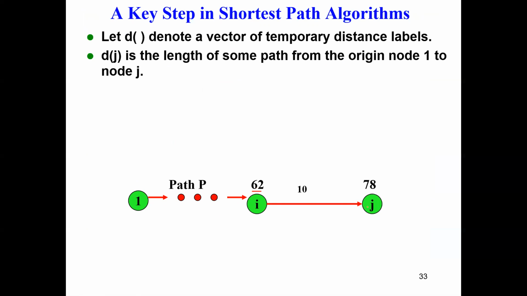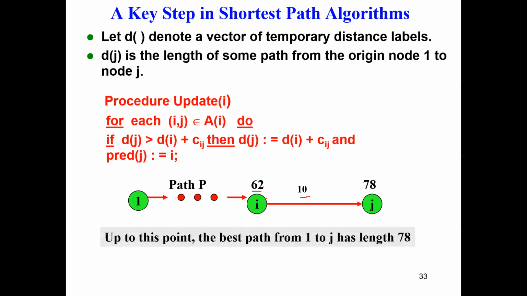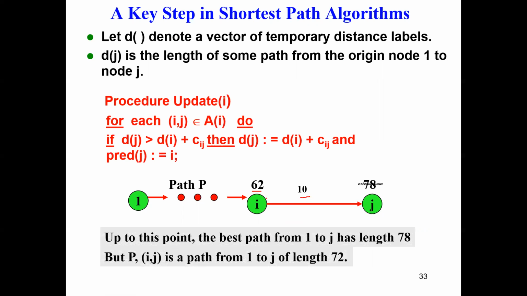If you go from i to j and there's a distance of 10, then this distance is going to be updated to reflect that there's a better distance, or a shortest path, to j. In this case, that will be 62 plus 10, which is equal to 72.